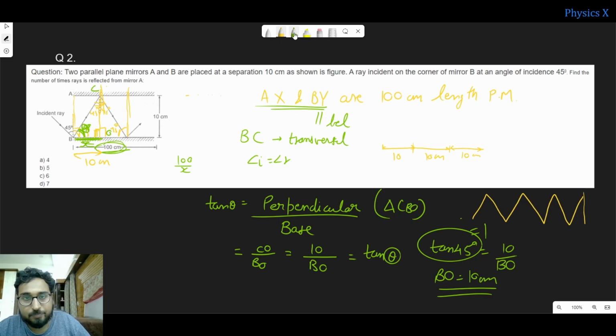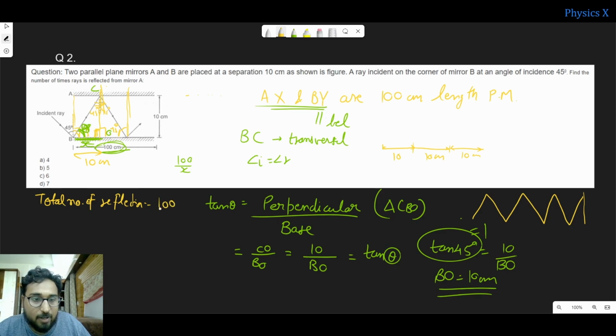So what I can write now is the total number of reflections going on.